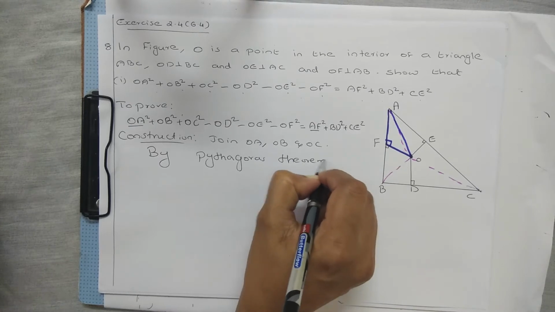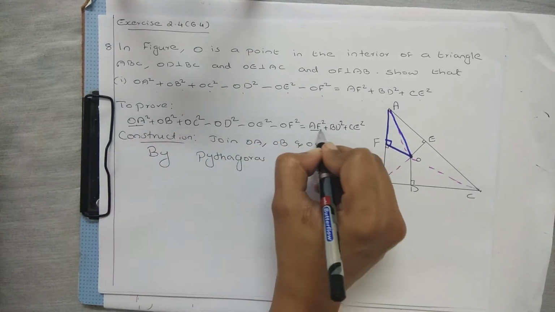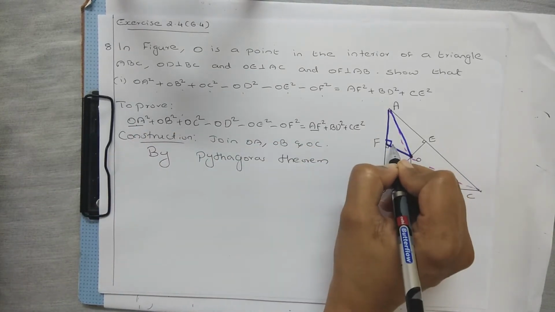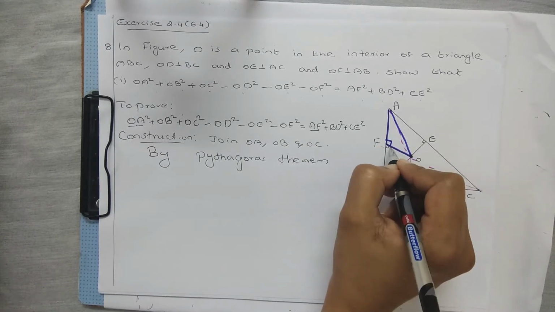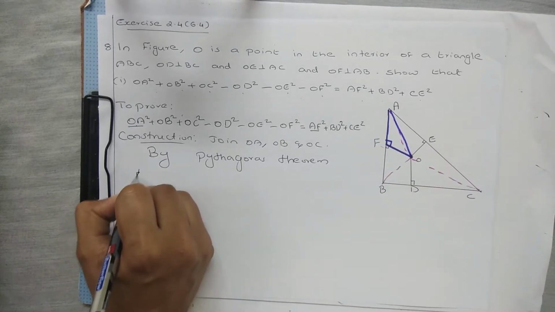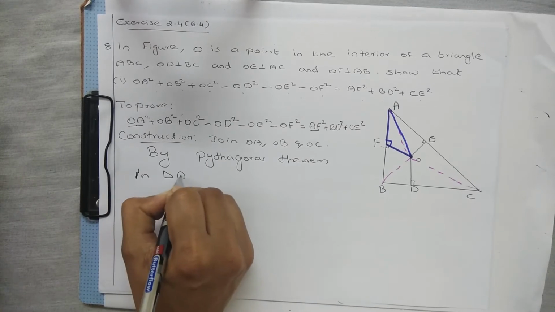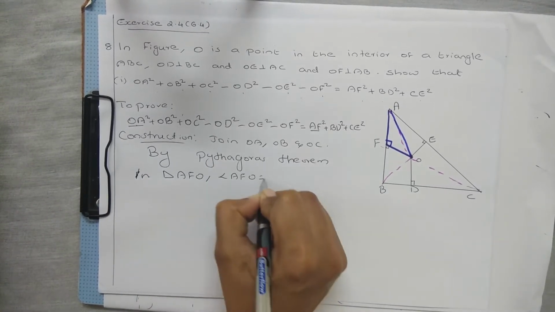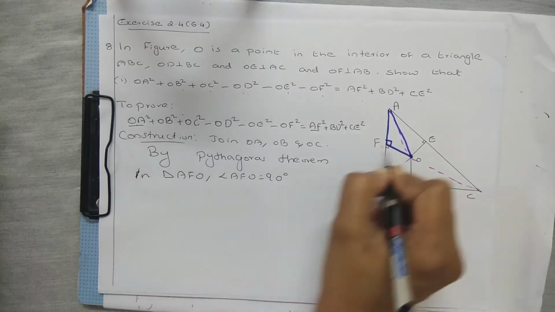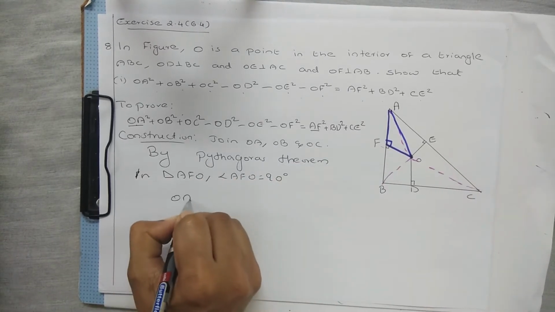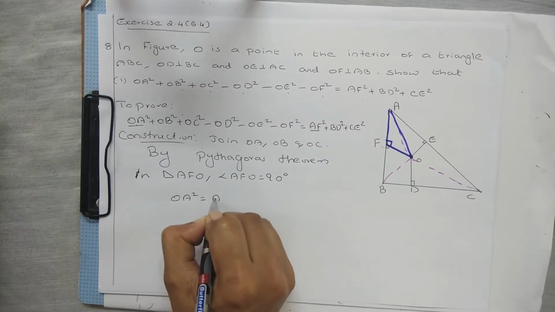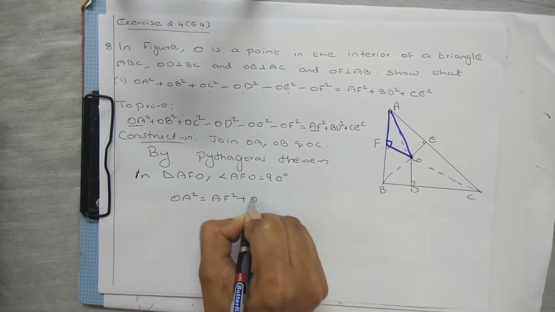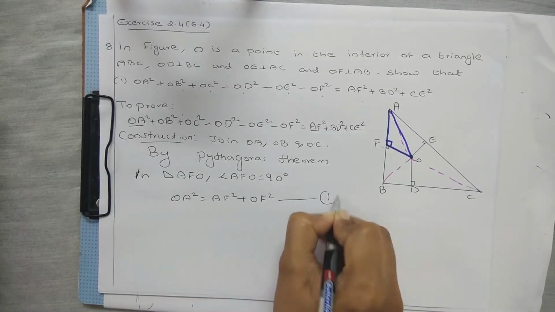So triangle AFO, angle AFO is equal to 90 degree. Therefore, by Pythagoras theorem, OA square is equal to AF square plus OF square. Put that as equation number 1.